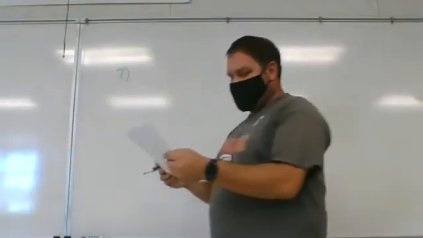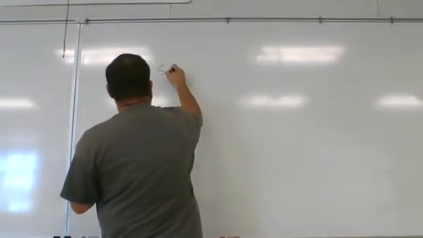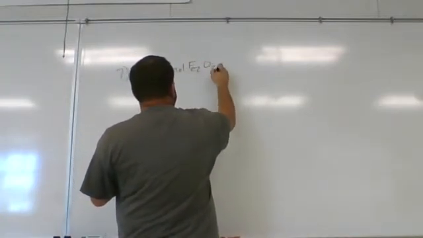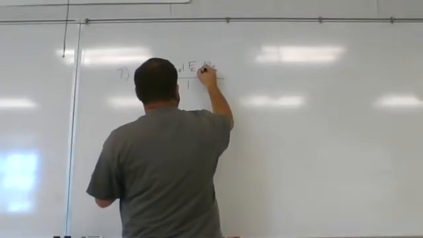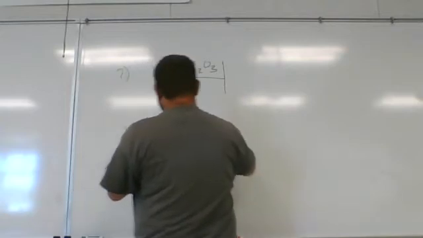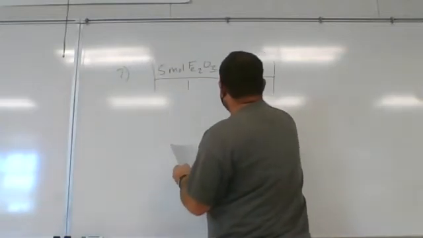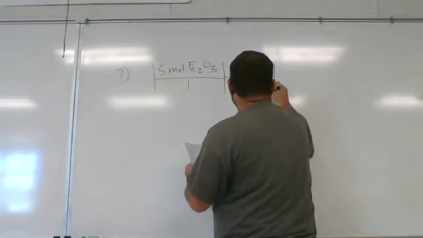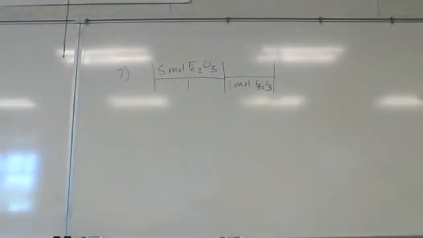They're asking us to find the mass given 5 moles of iron oxide, Fe2O3. In order to go from moles to mass, you need the molar mass. So I'm going to use the periodic table to calculate my molar mass.